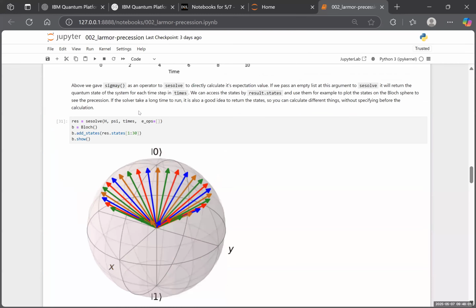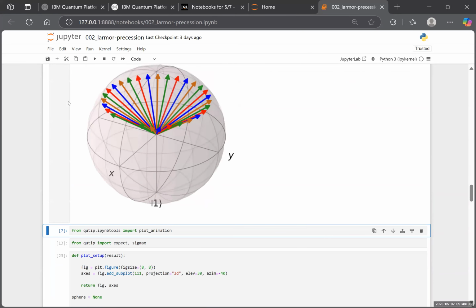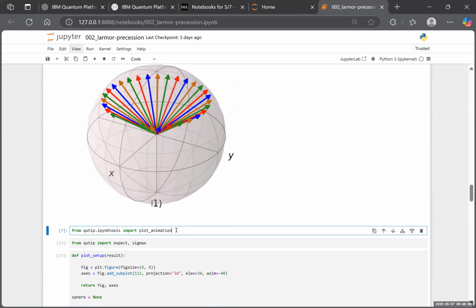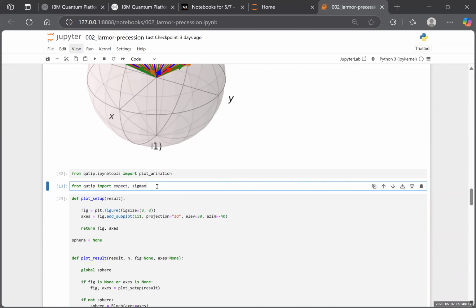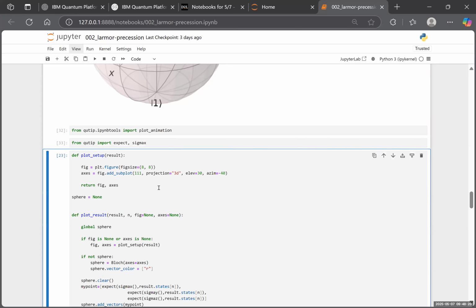Okay. So last time we had the animation. So we can import this animation. And once you have the state, you can evaluate that. So we import the expect function. And this was from the previous notebook.